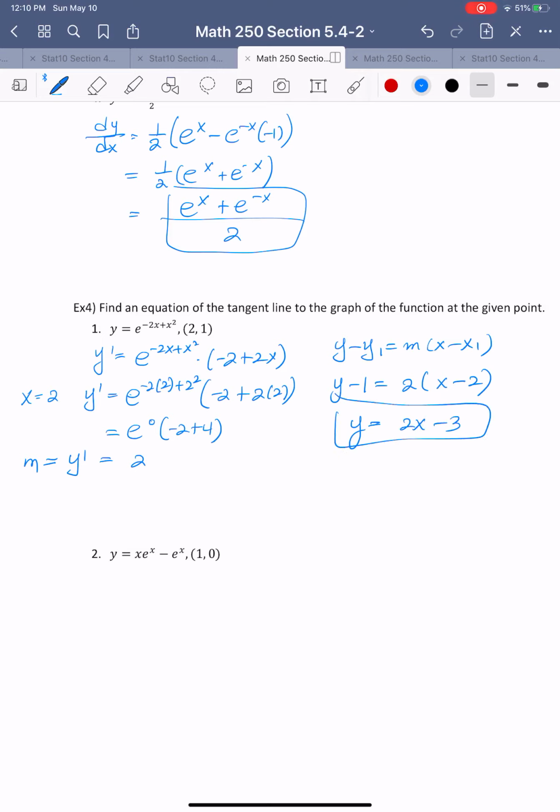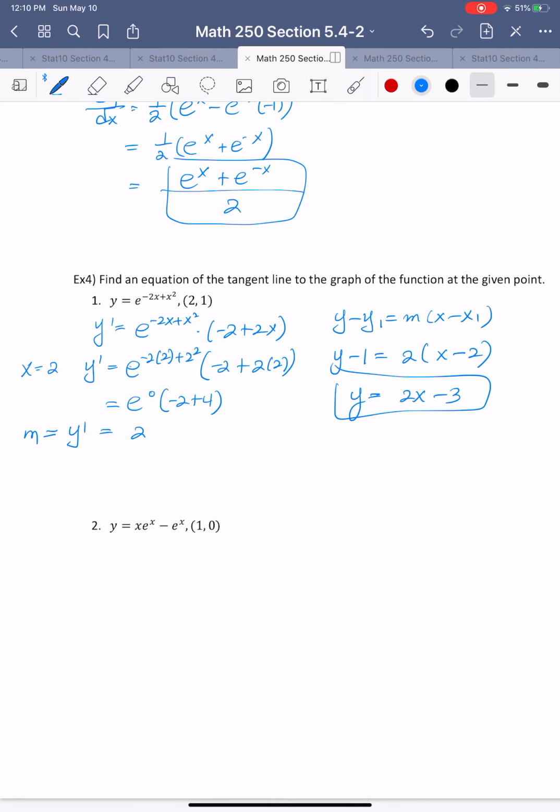And then for y, I got 2x minus 2. Okay, and for number 2, y prime is the product rule, right? So x becomes 1 times e to the x, plus x times e to the x, minus e to the x. Now x equal to 1: 1 times e to the first power plus e to the first minus e to the first.